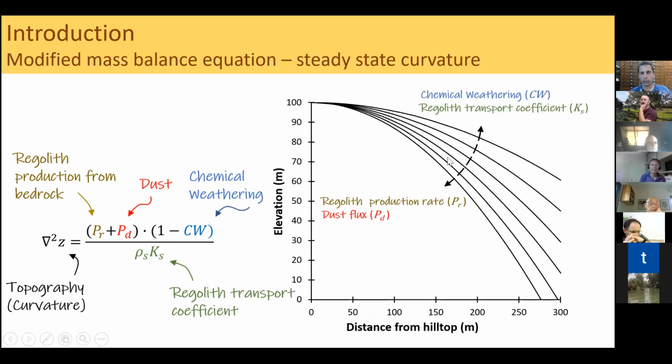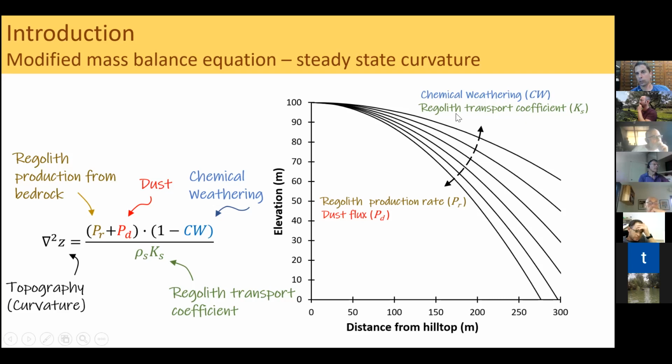And we can look at the graphical solution for the steady state solution. So like soil production from rock, if we increase dust flux, we add mass. So to conserve the morphology, we need steeper slopes to accommodate the increase in soil flux.